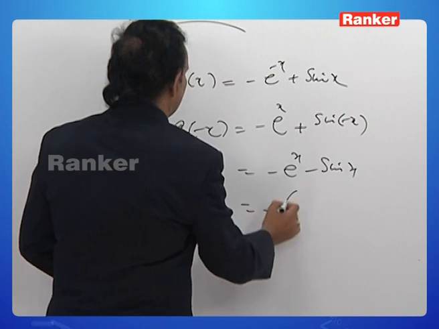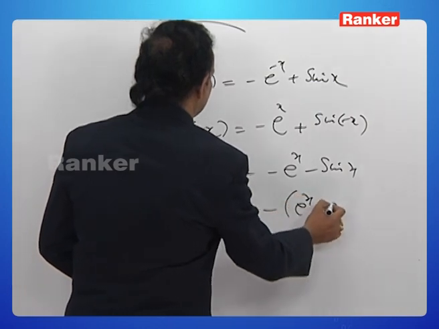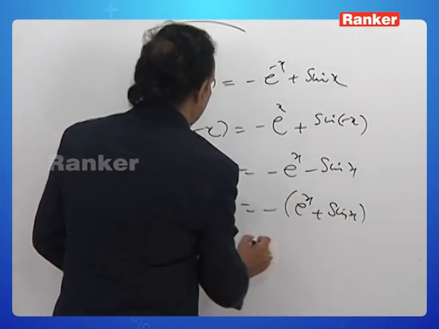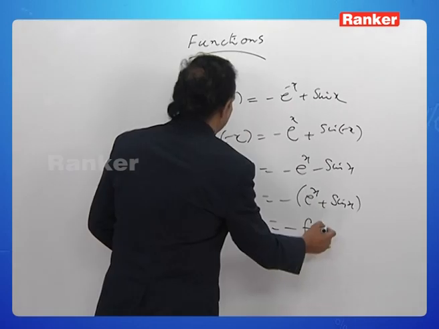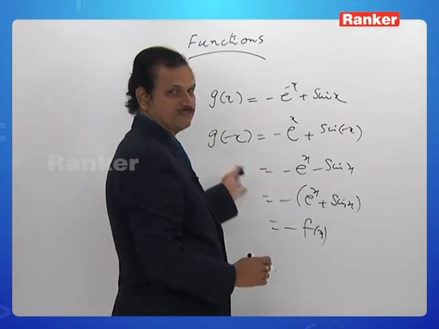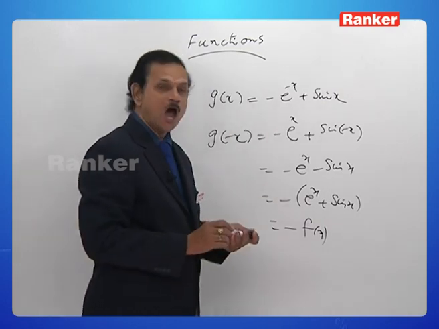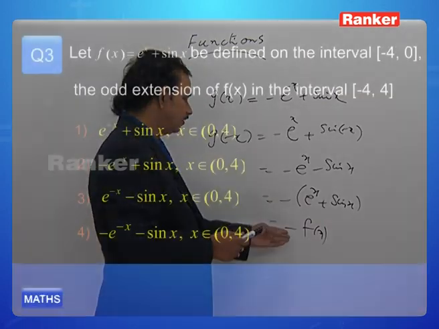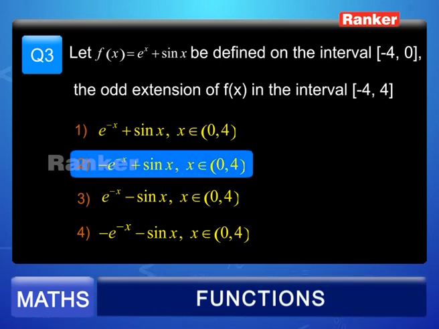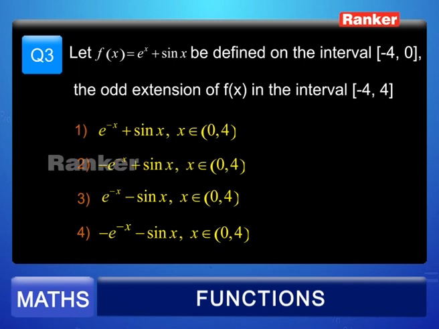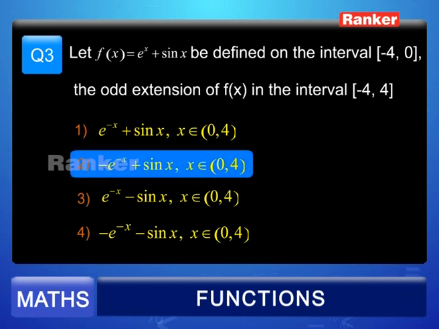This is equal to minus of e power x plus sine x. This is nothing but minus f of x. Of course, this is an extension of f of x we are believing. Therefore, this option gives us an odd extension. It is nothing but the basic requirement for f of x to be called an odd function. Therefore, the right option is the second option.